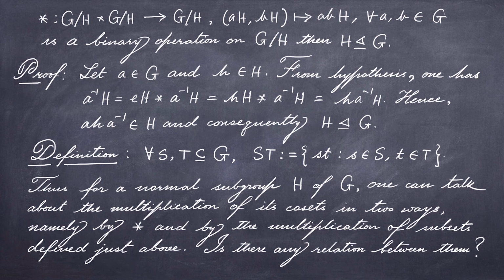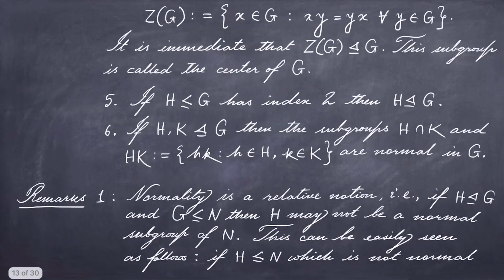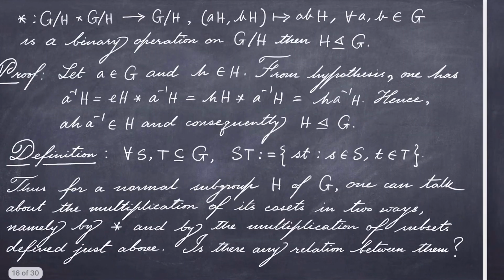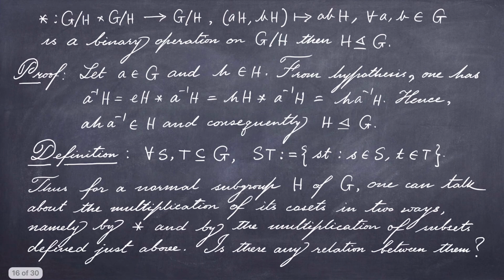All right. Next, we define the multiplication of two arbitrary subsets of G. That's defined in a very natural way, exactly like the product of two subgroups. Now S and T are arbitrary subsets. For a normal subgroup H of G, we can consider the multiplication of two cosets of H in two ways.